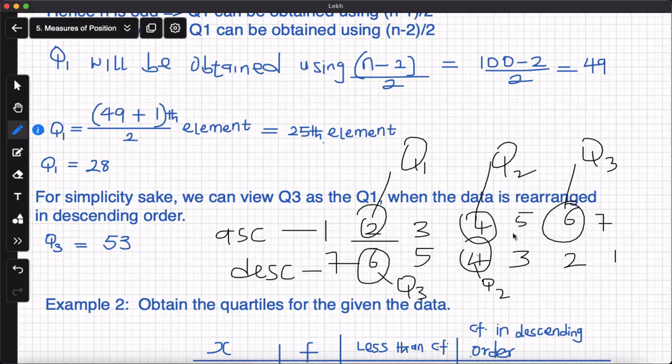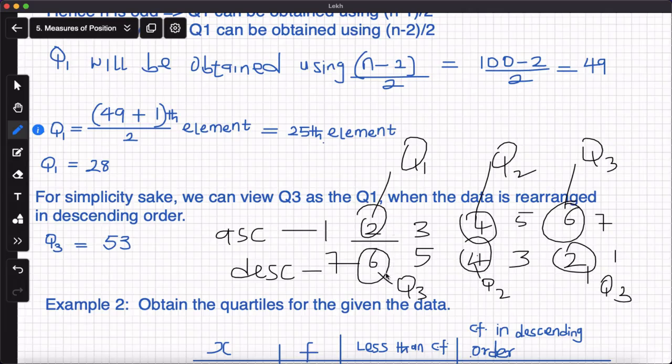Q2 remains in its position, but Q1 will be in the position of Q3. So I want to take advantage of that now to obtain our Q3.